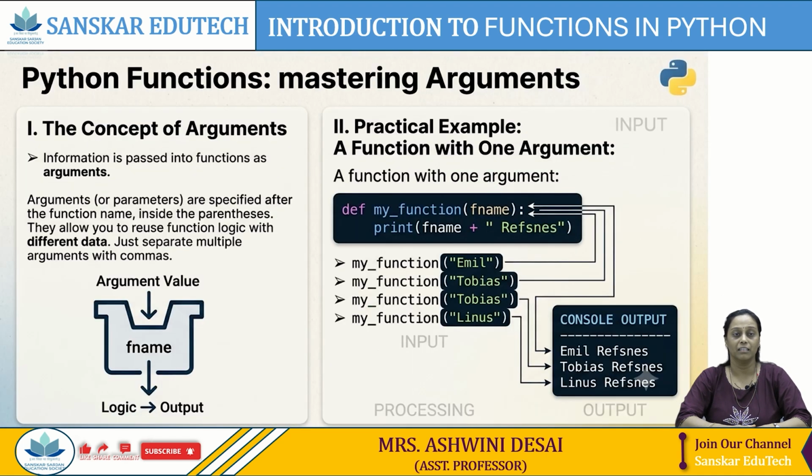Let's move further. What are function arguments? Information can be passed into functions as arguments. Arguments are specified after the function name inside the parenthesis. You can add as many arguments as you want. Just separate them with a comma. The following example has a function with one argument, fname.